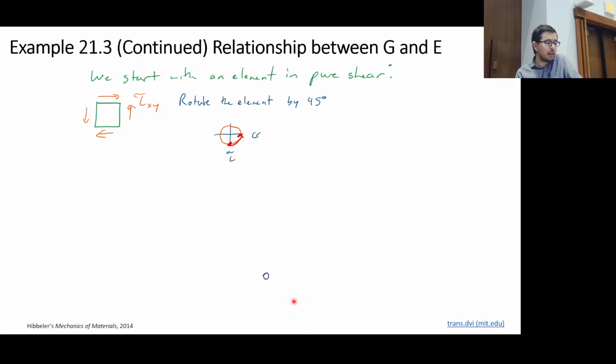And what does that look like on Mohr's circle? If we start in pure shear, what is the new state of stress when I go by 45 degrees? You all tell me. We're now experts at Mohr's circle, right? Okay, what's that? So what about tau?